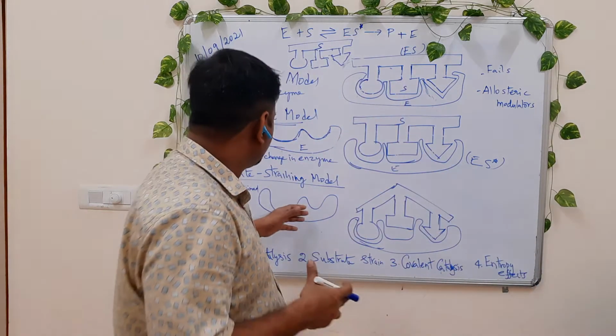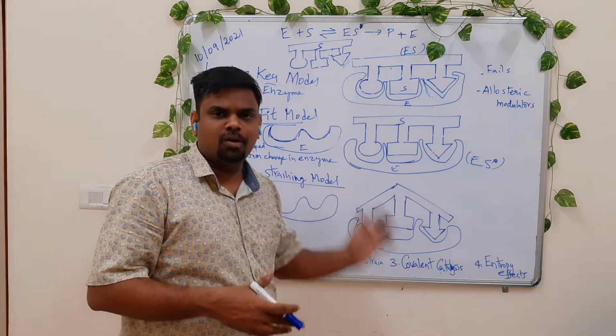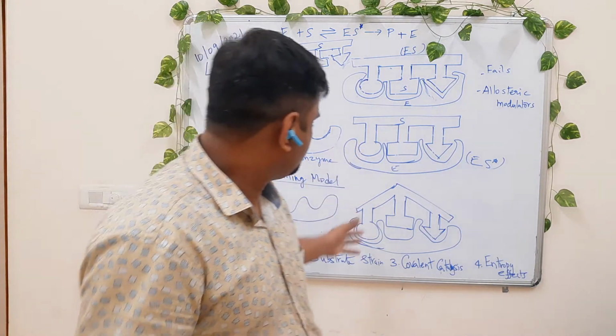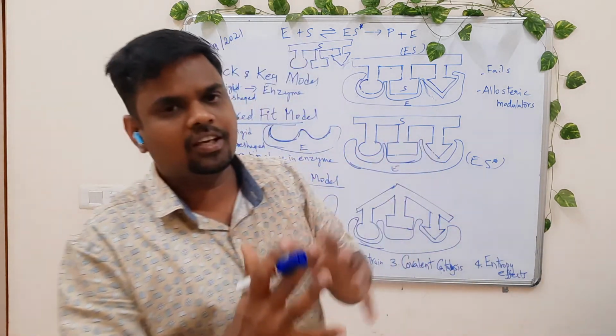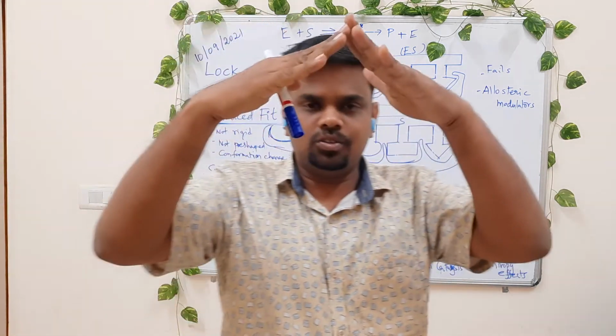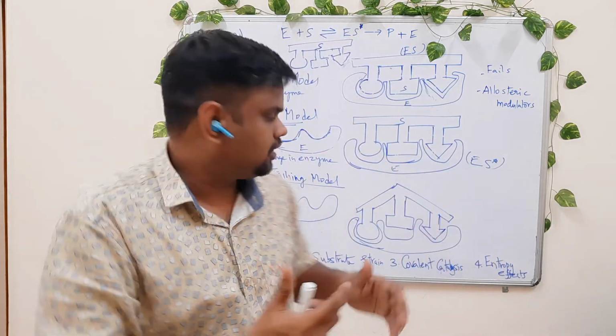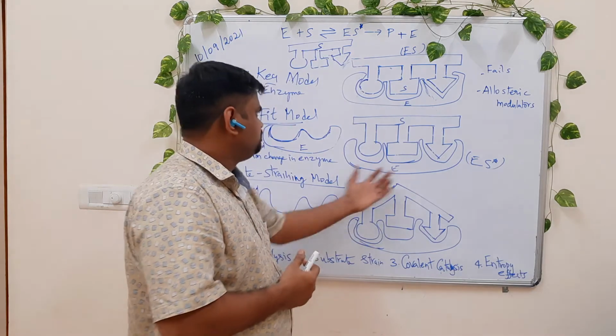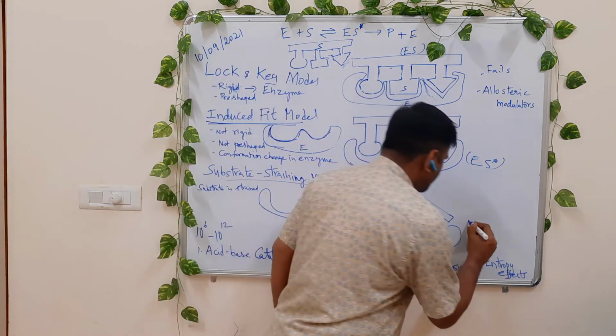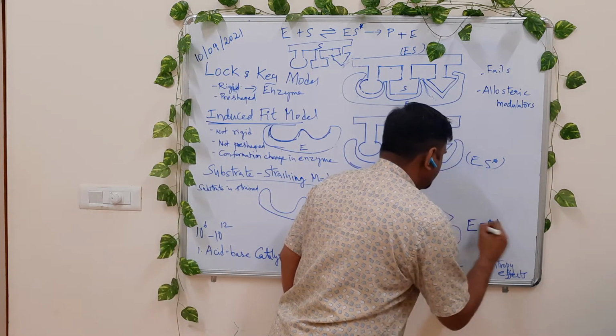And then we have the third case, called the substrate straining model, where it's not just the enzyme adjusting itself to take a shape, the substrate also gets strained to make a proper fit into this ES formation. So this intermediate formation takes place.